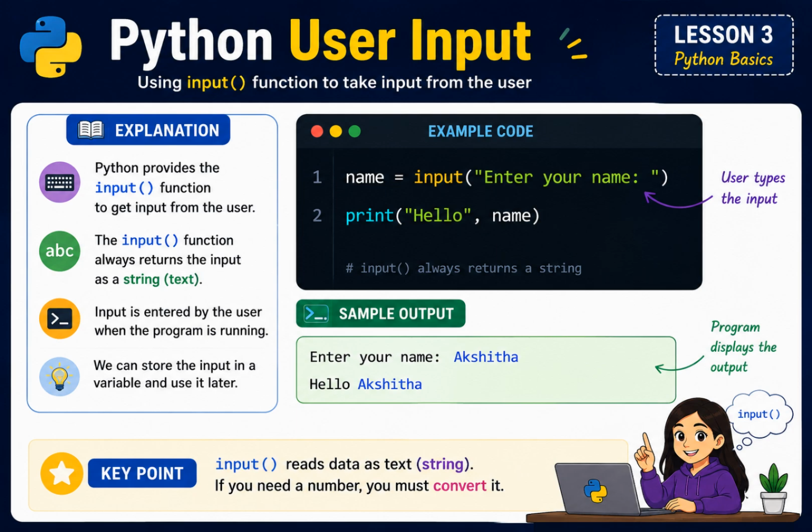After the user presses enter, the value is stored inside the variable called name. Then we can display it using the print function. You have to remember one important point: the input function always returns the entered value as text, also called a string. Now we will see why this is important in the next example.